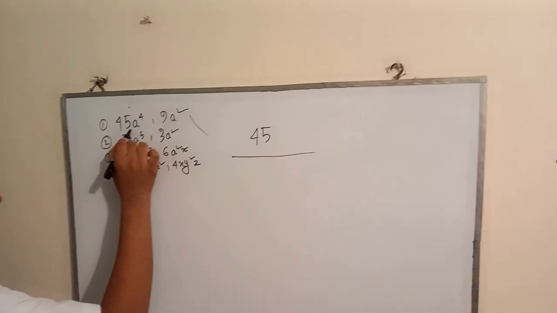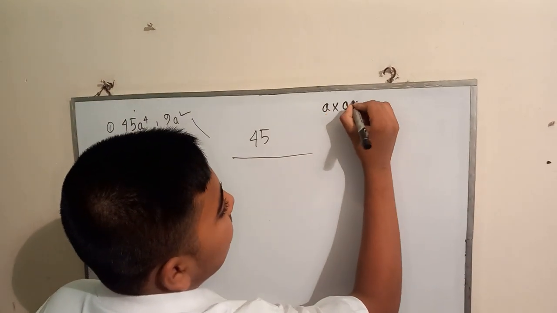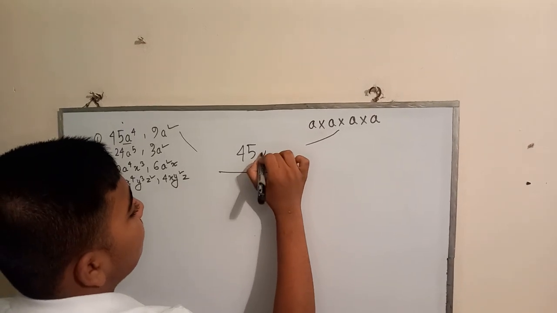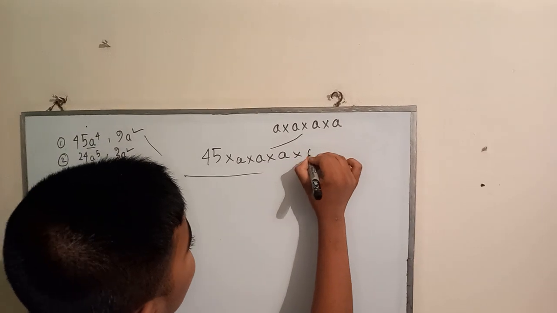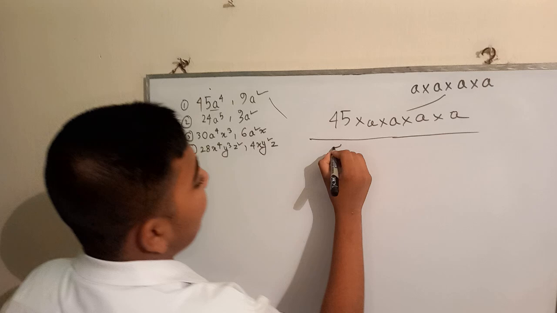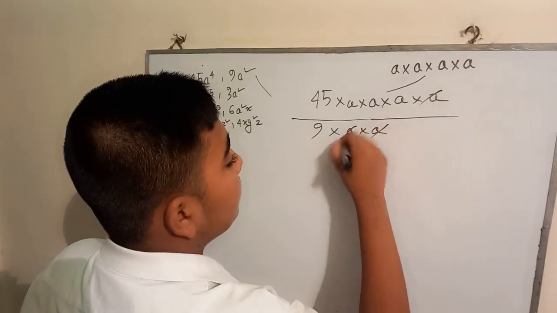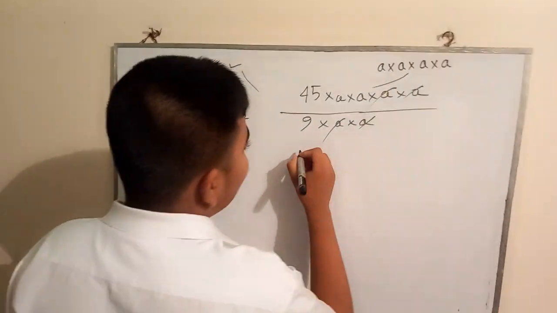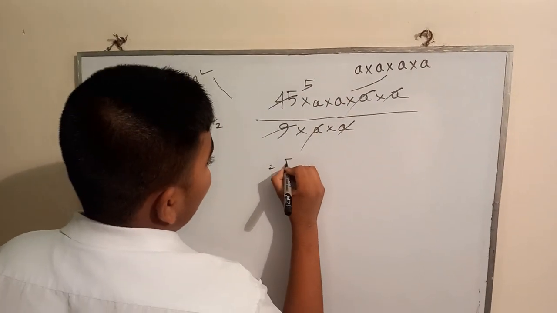Now there are A4, means A multiplied by A four times, like this. So bring this here, multiplied by A. So here 9 multiplied by A multiplied by A. This will be cut, and for this reason at the next step here also 5 and 5A square.